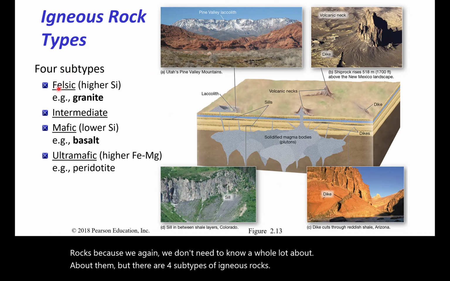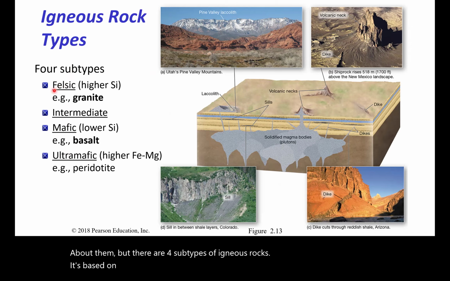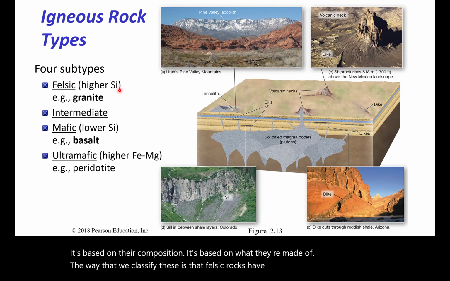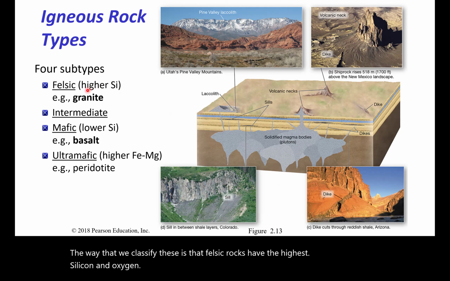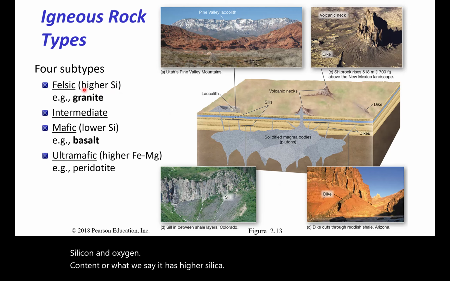It's based on their composition, on what they're made of. The way that we classify these is that felsic rocks have the highest silicon and oxygen content, or what we say, higher silica. That's just a way of talking about the composition of a felsic rock.